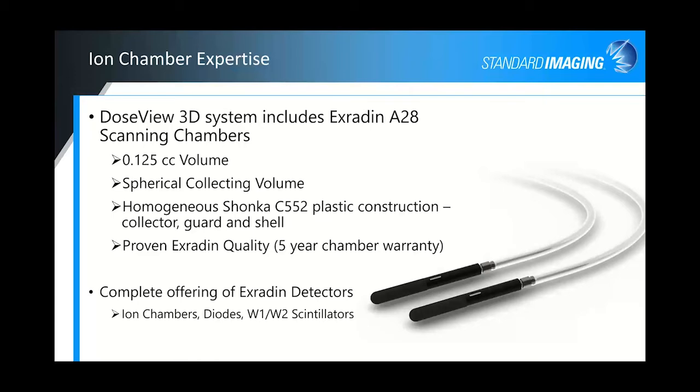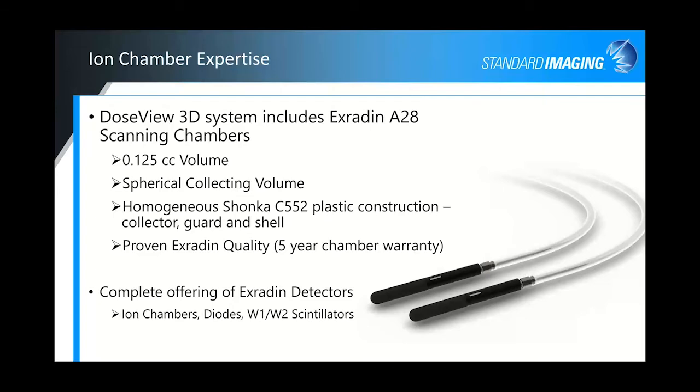Our chambers are homogeneous Shonka C552 conductive plastic, and that includes the collector, guard, and the shell. So they're very robust. They're not fragile like a graphite shell chamber. And they're also pretty much invisible to the beam because they are all plastic construction.